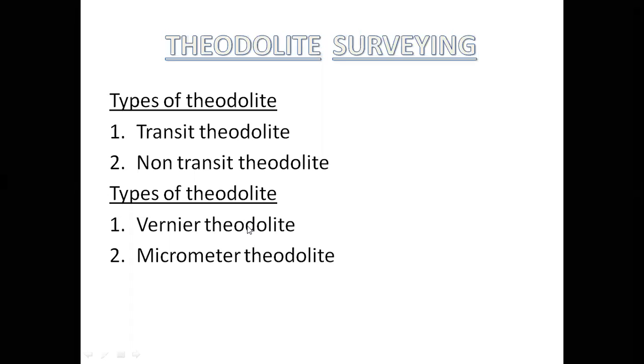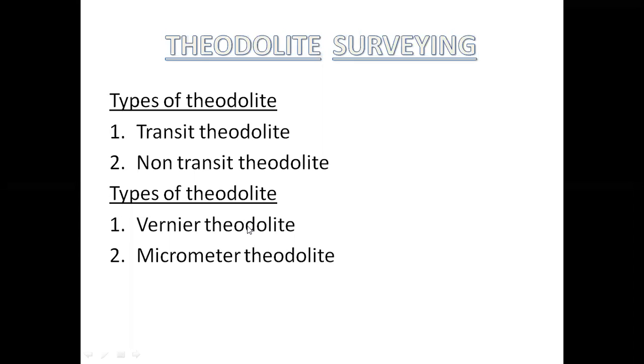Also, the naming of the theodolite is done according to the horizontal circle. The size of the theodolite is defined according to the diameter of the main horizontal graduated circle. Suppose in a 10 centimeter theodolite, the diameter of the main graduated circle is 10 centimeter.